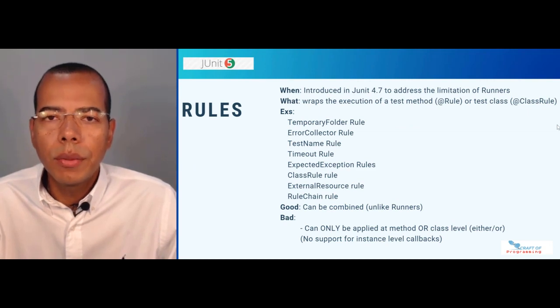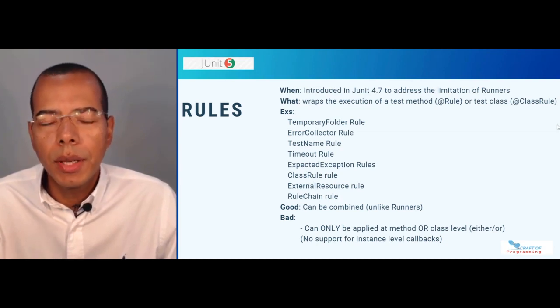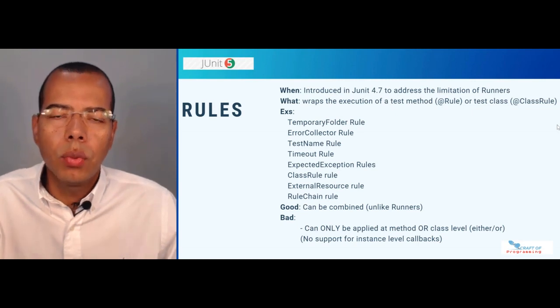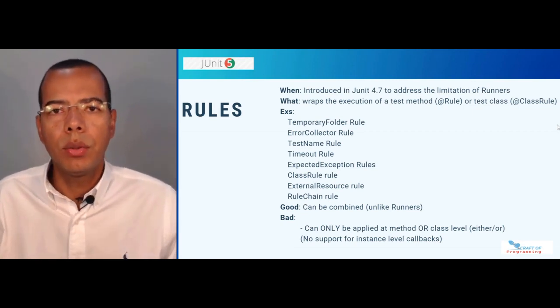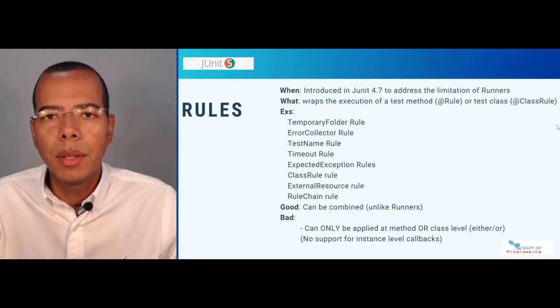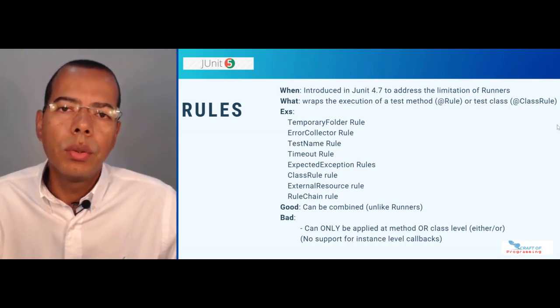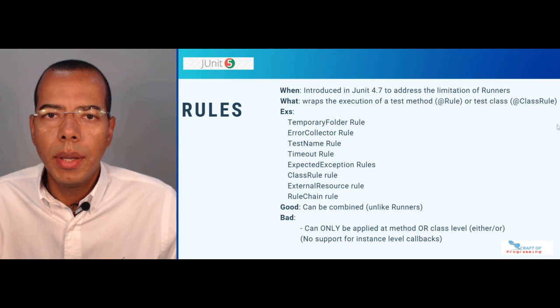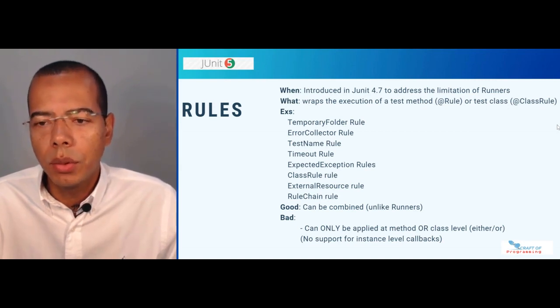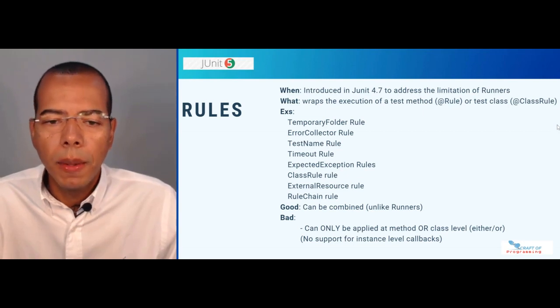And then I think JUnit 4.7 introduced rules as a way to address the shortcomings of the runners mechanism. Rules are a really nice way to customize and extend the behavior of a test, and you could do that at the test method level or at the test class level using the @Rule annotation or the @ClassRule annotation.